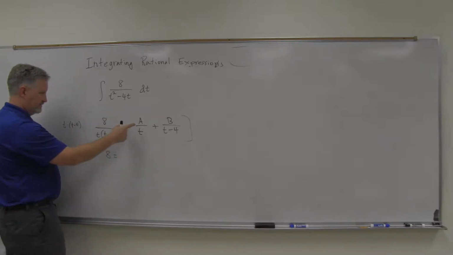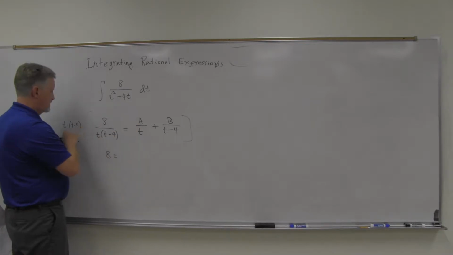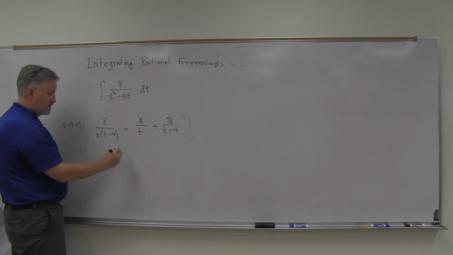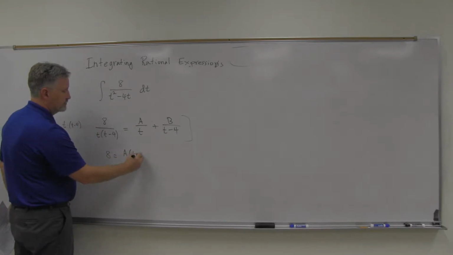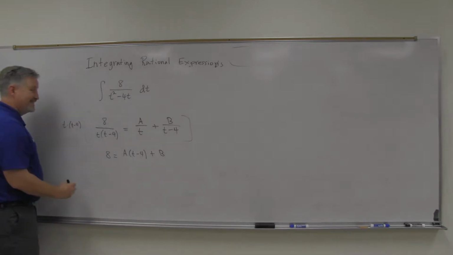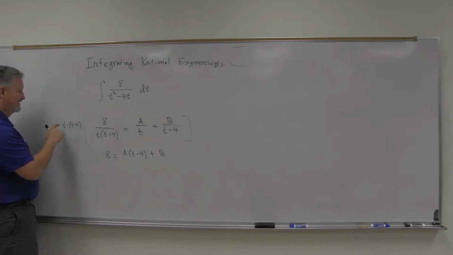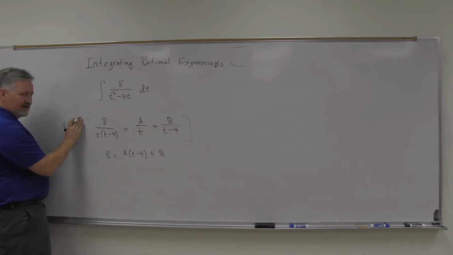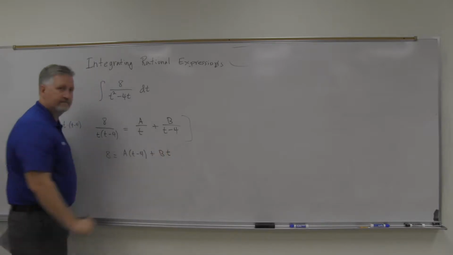What about this side? Well, the A times the t minus 4, the t's are going to cancel, so it's going to be A times t minus 4. And then the B, what would be B times by? Well, the B's got t minus 4 in the denominator, and so that'll cancel out, so it'll be B times just t, Bt.